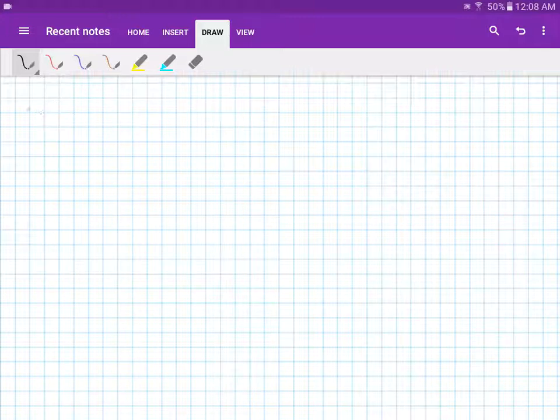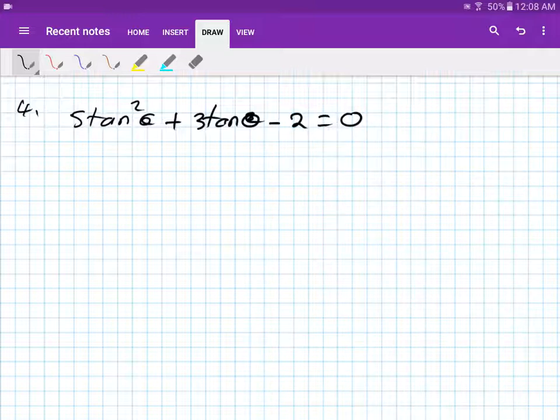Okay, let's say number 4. Let's say 5 tan squared theta plus 3 tan theta minus 2 is equal to 0, right? And let's say theta is between 0 and 360 degrees.